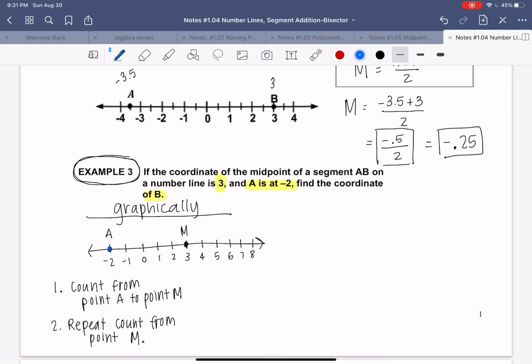I'm going to start at my A, and I'm going to count 1, 2, 3, 4, 5. And from A to M, I moved 5 places. So from M to our last endpoint, which is what we want, I'm going to count 5 units away. So 1, 2, 3, 4, 5. And B should be here. So B should be at 8. Okay. If you like algebra, this is how you solve it algebraically.